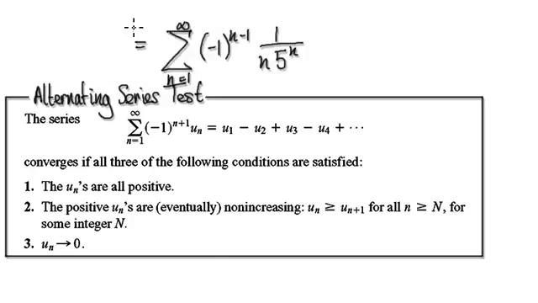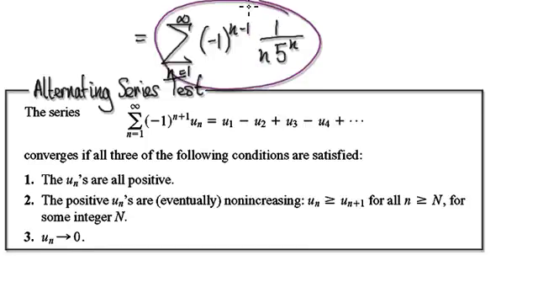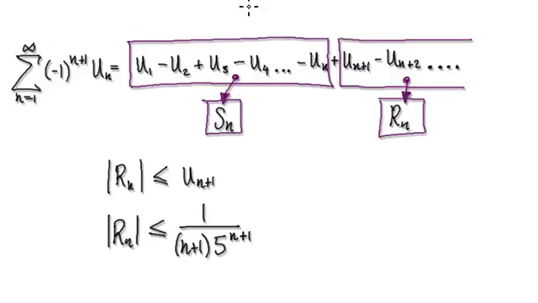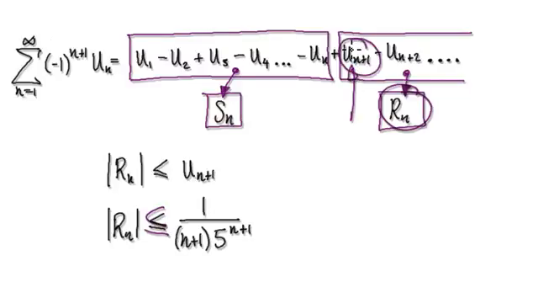So this is our alternating series. This whole thing here is our alternating series. So if you want to know, the remainder will always be less than or equal to the value of this thing here. Well, in our case, it's this.